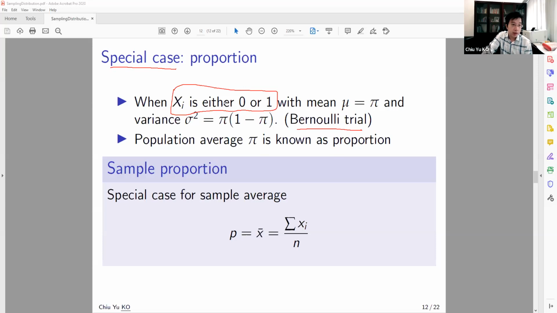And then the interesting part is when you have a binomial trial, the variance and the mean are related, because the variance is P times 1 minus P, but we use pi here.